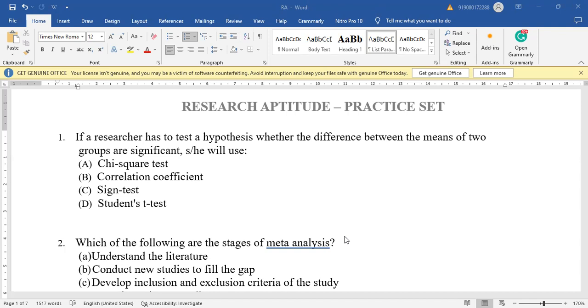If a researcher has to test a hypothesis, whether the difference between the means of two groups is significant, he or she will use dash. This is a direct question from our notes where we have discussed the parametric and non-parametric tests and the application of those tests. It is quite an open question directly from our notes. What is the answer?